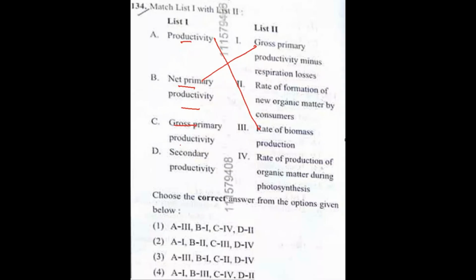C, gross primary productivity. Rate of production of organic matter during photosynthesis. That is gross. And D is secondary productivity. Rate of formation of new organic matter by the consumer. So the answer is option 1.